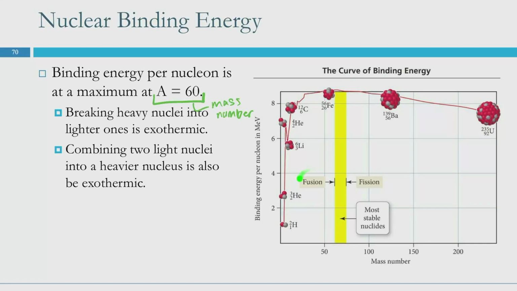And that's what these fusion and fission labels are. So if we're bigger than around A equals 60, we expect fission. We expect that if we collide two particles together, they're going to break apart.